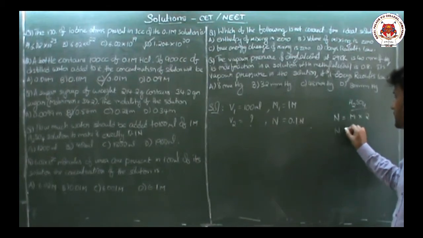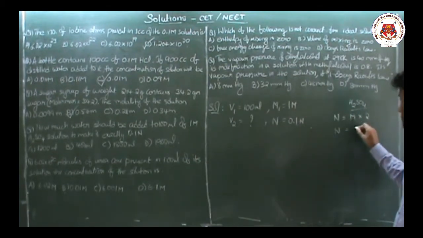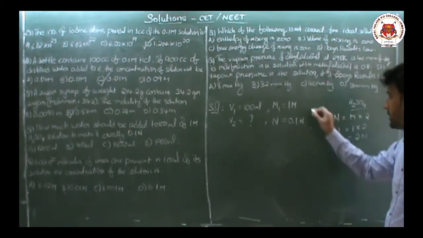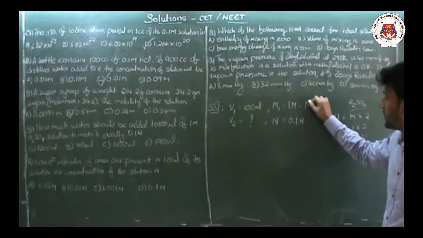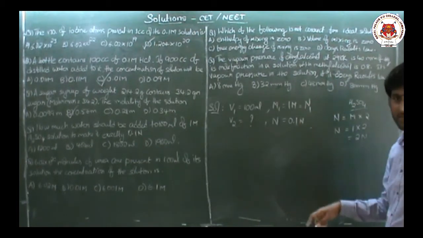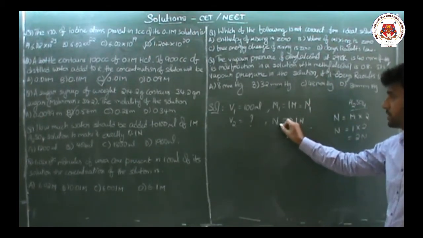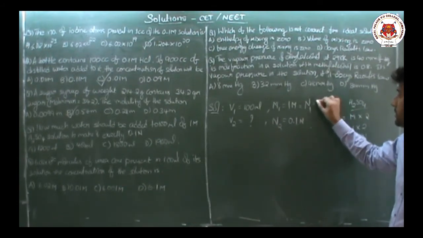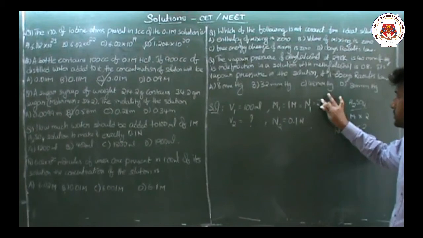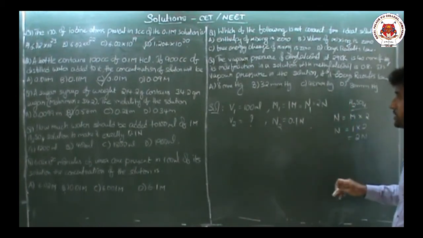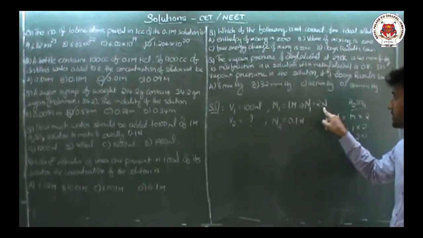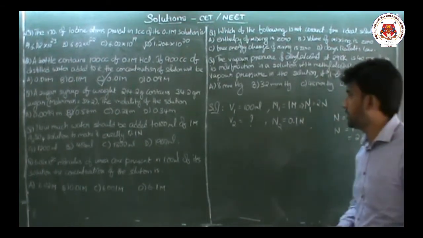That means normality of the solution is molarity into 2, that means 2 normal. So M1 you can take as N1, because I am assuming this is N2. So now N1 is 2N. So for H2SO4, 1 molar means 2 normal solution.